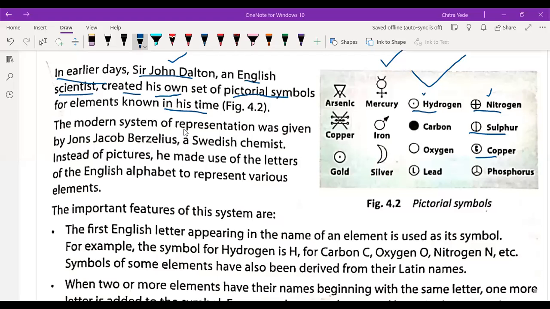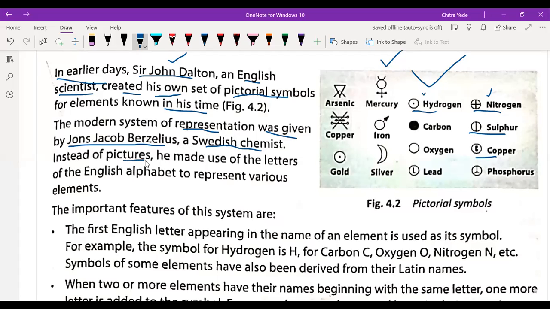The modern system of representation was given by John Jacob Berzelius. Just remember, okay? In the previous time it was given by Sir John Dalton, but the modern system, by using the letters, first or sometimes first along with second, was given by John Jacob Berzelius, a Swedish scientist from Sweden.